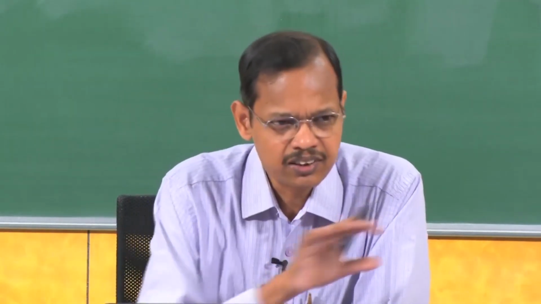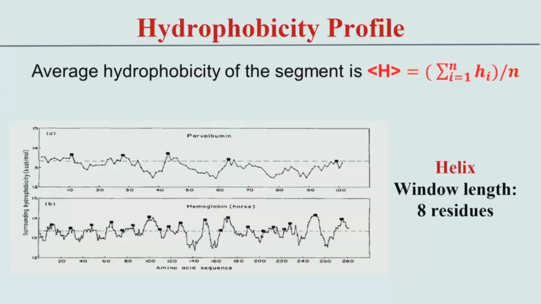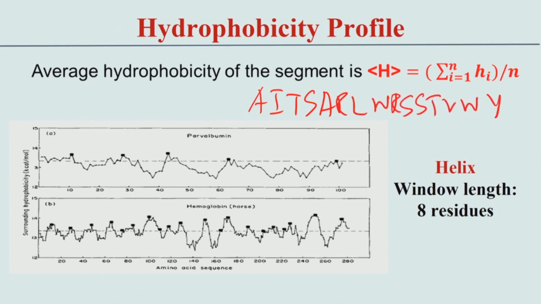For any sequence, for example, you can make different window lengths. For example, if you take a window length of 8 residues, take 1 to 8, 1, 2, 3, 4, 5, 6, 7, 8, and the value is equal to the sum over i equal to 1 to n of hi by n.